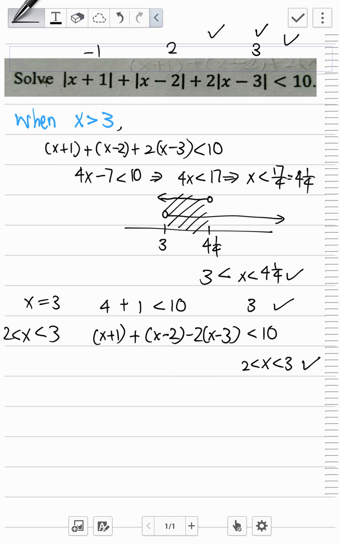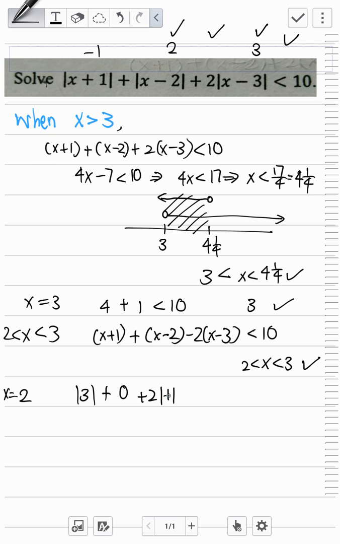Now we need to check x equals 2. What happens when x equals 2? Let's say x equals 2, then 2 plus 1 is 3. 3 modulus is just 3. I can ignore the modulus actually. 2 times 2 minus 2 I get 0, and 2 minus 3 is minus 1. Minus 1 modulus becomes positive 1, so 2 plus positive 1.